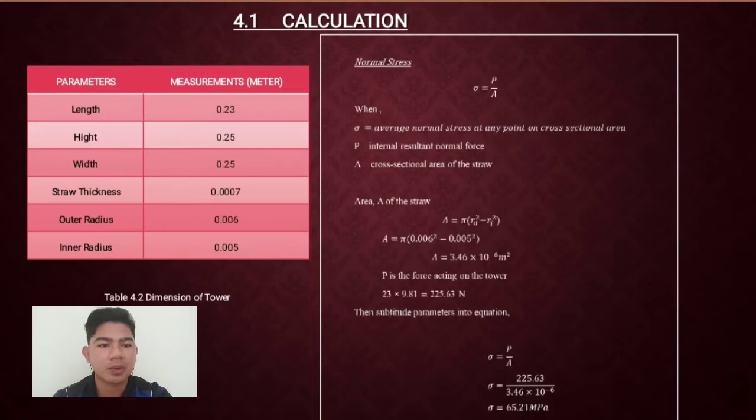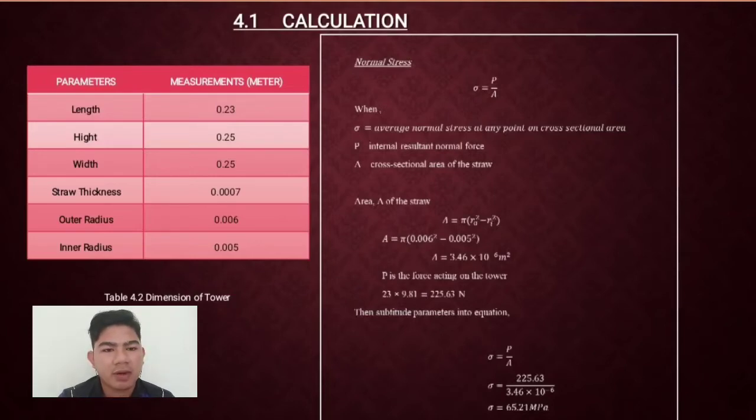So first we have to find the area of the straw. We substitute the value. We got the area of the straw is 3.46 times 10 to the power of negative 6 meter square.